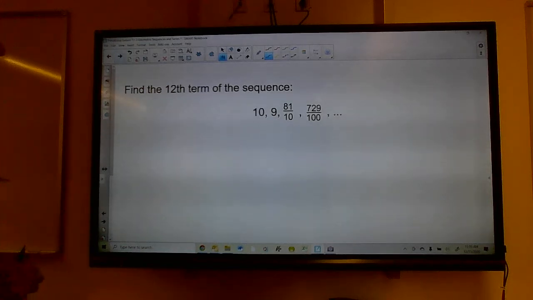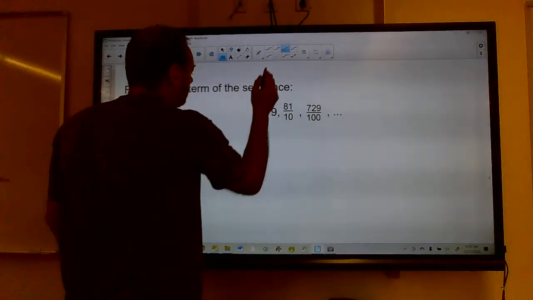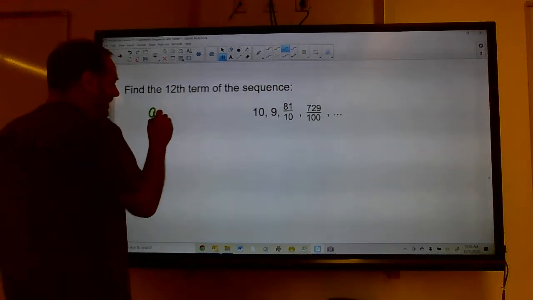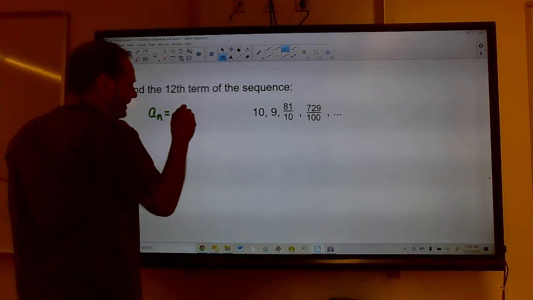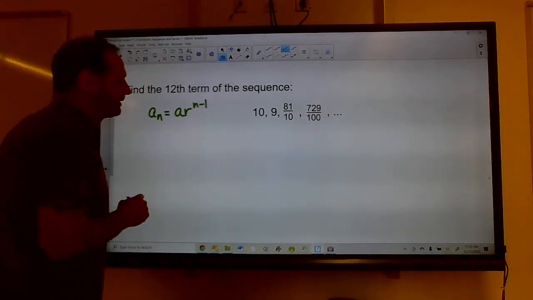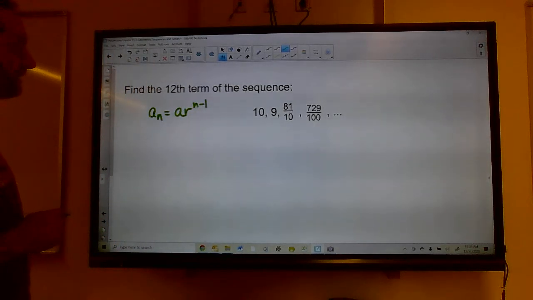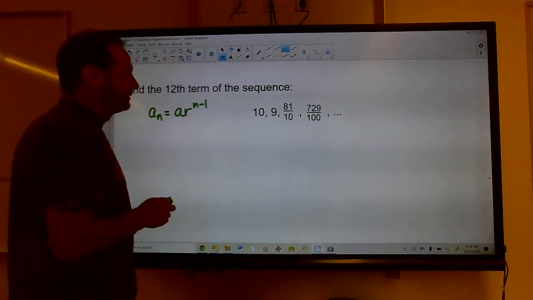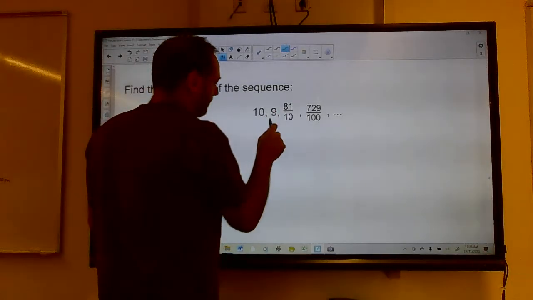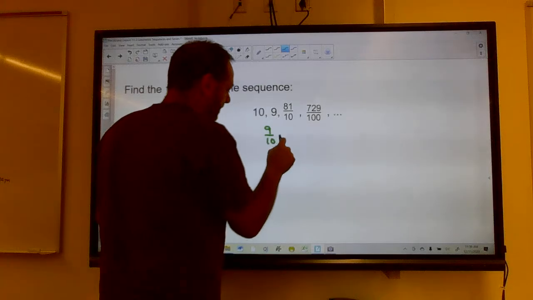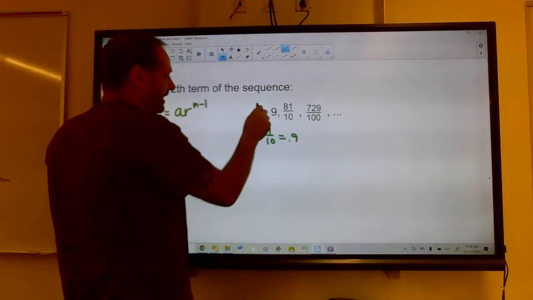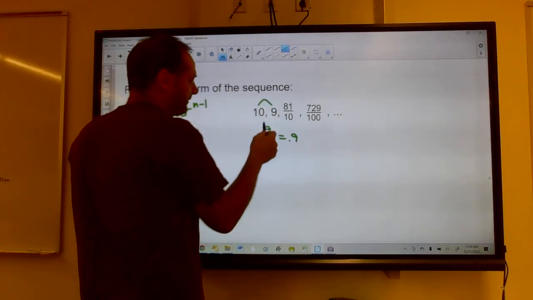Okay, find the 12th term of the sequence. So if my formula is a sub n is a times r to the n minus 1 power, I need to know what my common ratio is here. And my common ratio is going to be 9 divided by 10, which is 0.9. And you can check all these. This one's obviously easy to see.